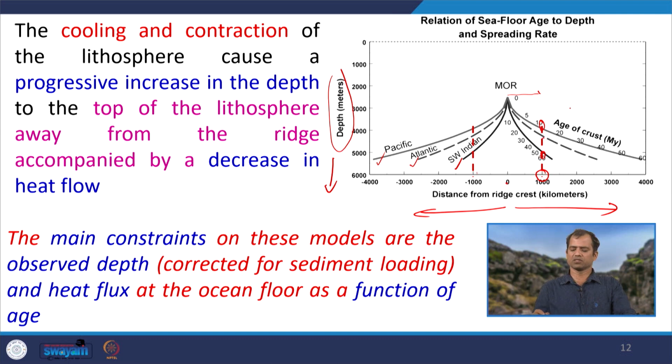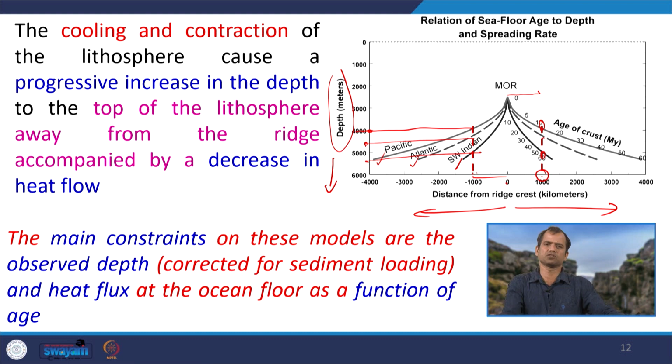Similarly, if you see the water depth 1000 kilometers away from the mid-oceanic ridge, we are at this depth, and at the Atlantic ridge we are at this depth, and at the East Pacific ridge we are at this depth. So, that means the rate of spreading and the rate of cooling decide how much depth it would be from the mid-oceanic ridge with time.